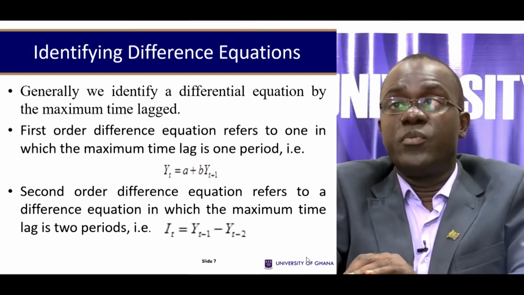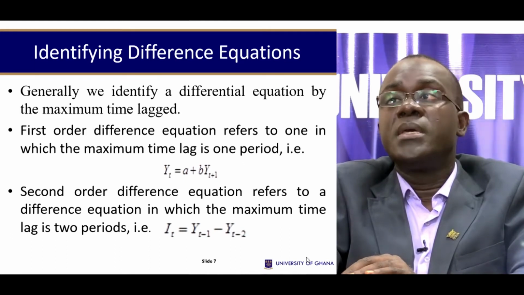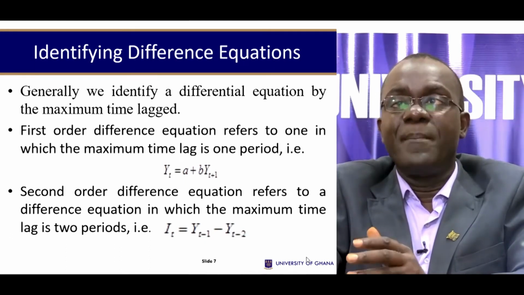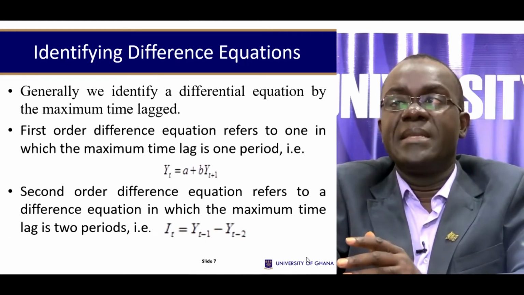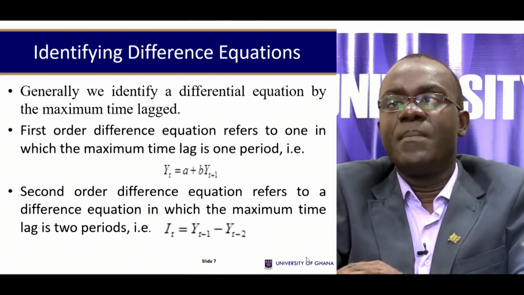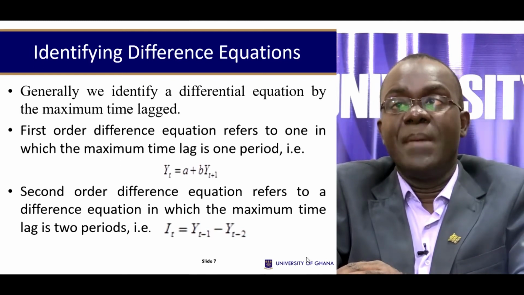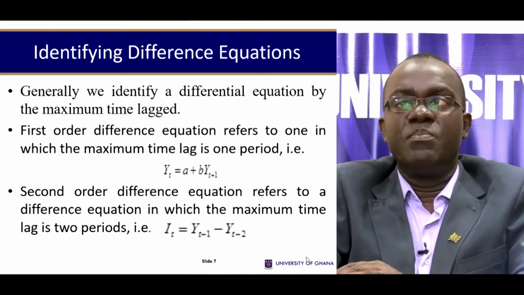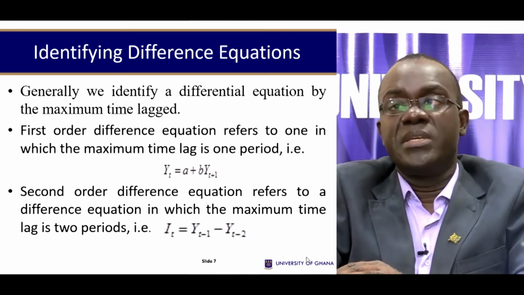The order of a difference equation refers to the maximum number of lags that you can find in the equation. If you look at this one, the maximum number of lags is 1, because what happens this year depends on what happens last year. So this is a first order difference equation.